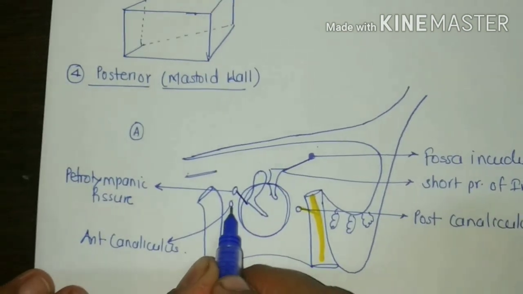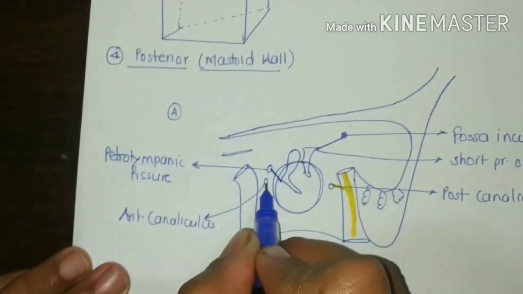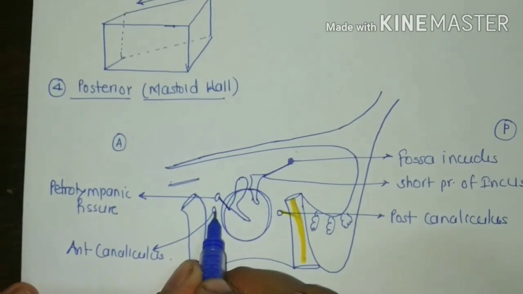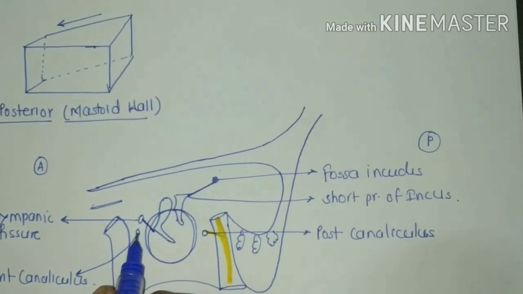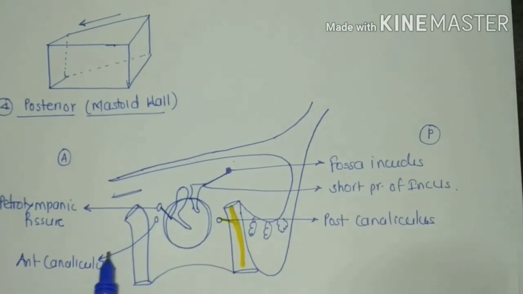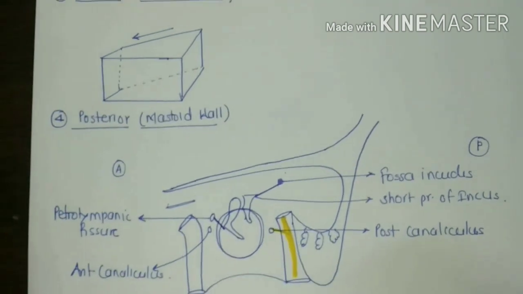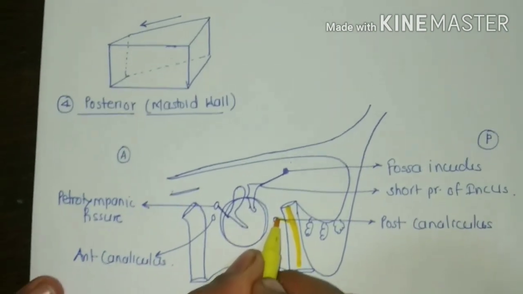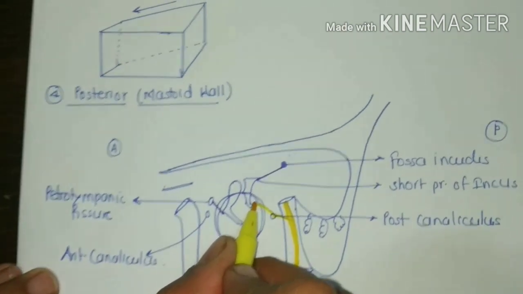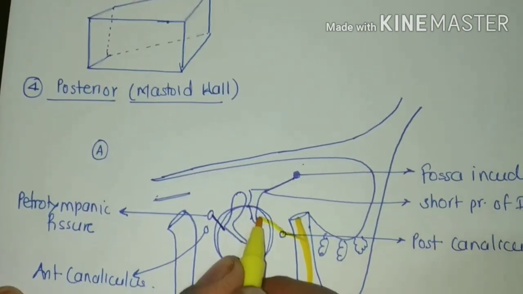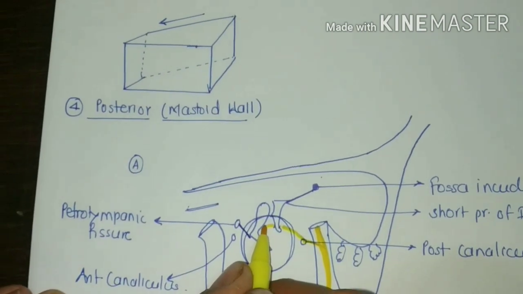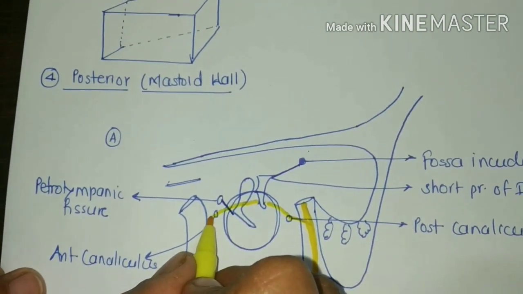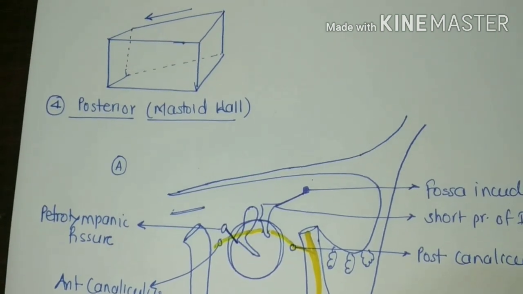Whereas the anterior canaliculus is meant for the chorda tympani nerve, and it is through this canaliculus that the chorda tympani nerve leaves the middle ear cavity to emerge at the base of the skull. So the chorda tympani nerve enters through the posterior canaliculus, then passes through the middle ear cavity and then emerges out of the anterior canaliculus.